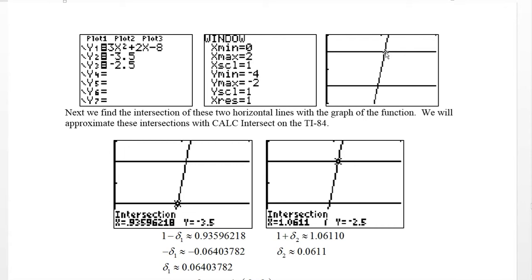Now that's the X value, but what could that be? Well, one of these values needs to be at a corner of our little box that we looked at before. And our little box I'm talking about is a rectangle that goes from on the left side 1 minus delta, to the right side 1 plus delta. That's C value plus and minus delta. And the bottom of the box will be this line right here at L minus epsilon, and the top will be at L plus epsilon.